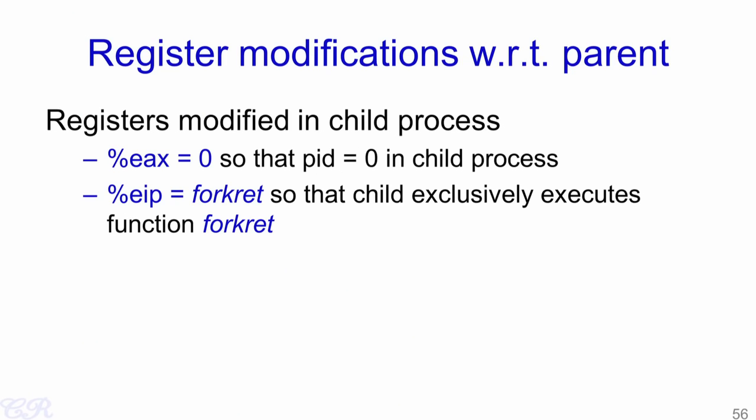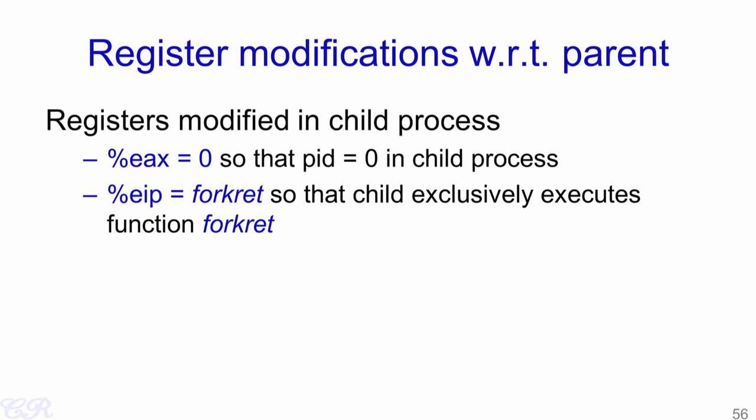When it comes to the CPU registers, all register values in the child process are exactly identical to those of the parent process, except for 2 registers. As we have seen before, one is the EAX register. In the child process the EAX register is set to 0, so that when fork returns, it returns with a value of 0 in the child process.